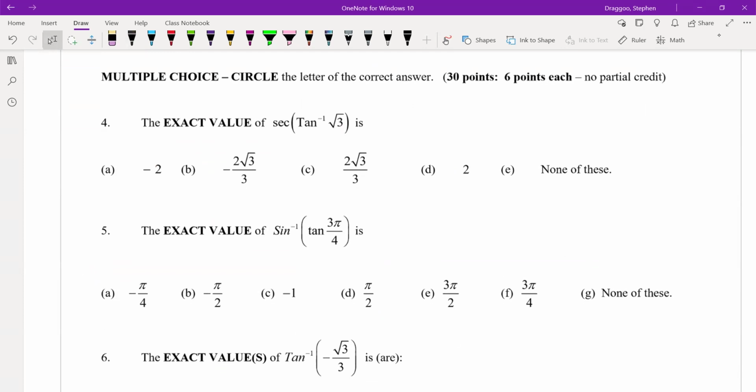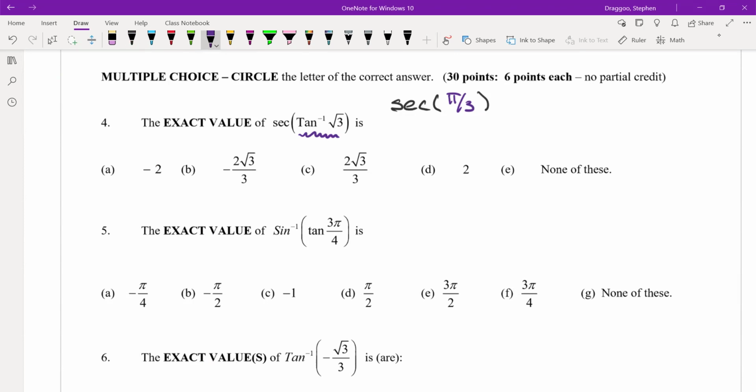So let's see what we've got here. Finding the exact value of the secant of the tangent inverse of square root 3. If we just solve that out real quick, the tangent inverse of square root 3 is pi over 3. So I can start on the inside and work my way out.